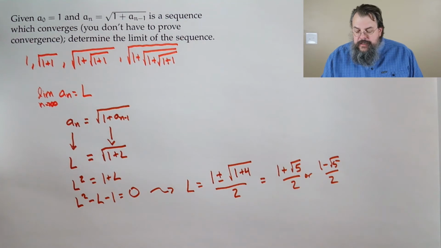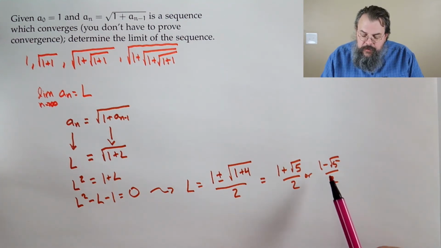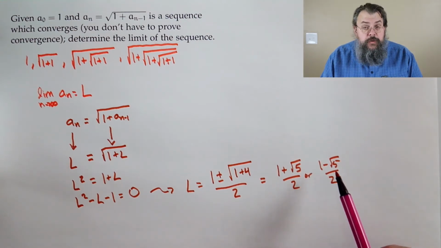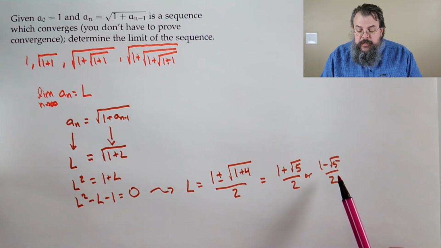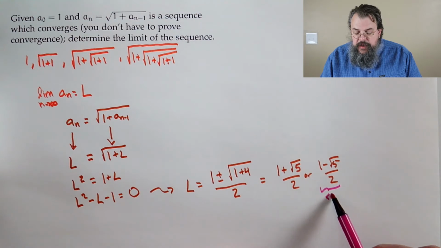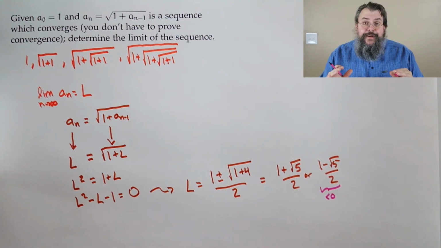Well, let's think about one thing that we can say. Let's look at this one, because there's a minus here. Which is bigger, 1 or square root of 5? The answer is square root of 5 is bigger. So if you look at this one, this is a negative number. Now, can we rule it out?